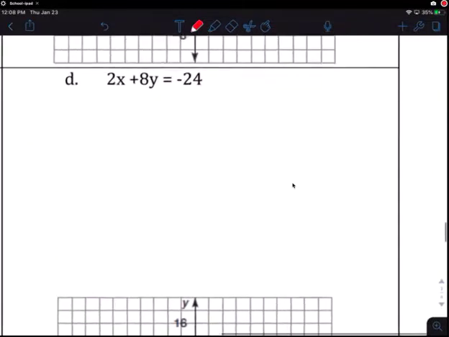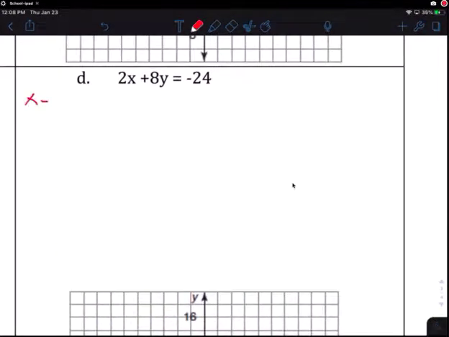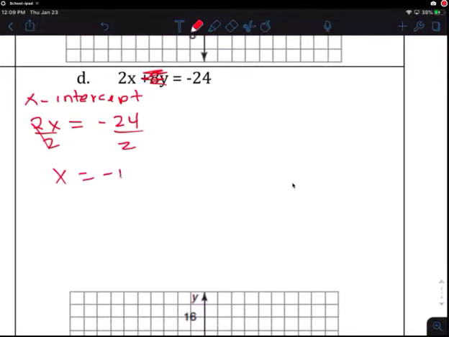So here's how you graph using x- and y-intercepts. You find the x-intercept first. That's going to be your first point. You pretend the y term doesn't exist, so you have 2x equals negative 24. Divide by 2, divide by 2. x equals negative 12. So this is your first point, x sub 1, y sub 1.